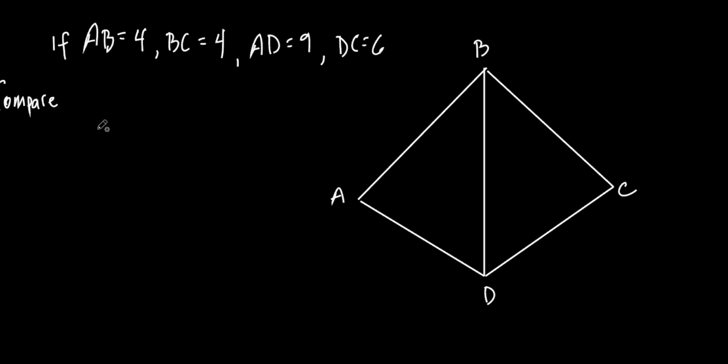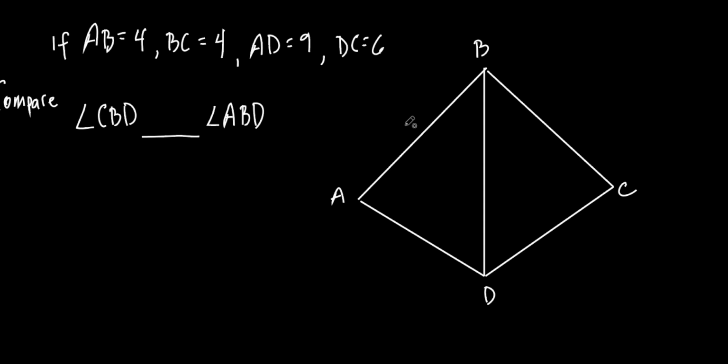So you're going to compare these two angles, CBD and ABD. Put a little blank right there. So what are we going to put in that? Either less than or greater than, correct?